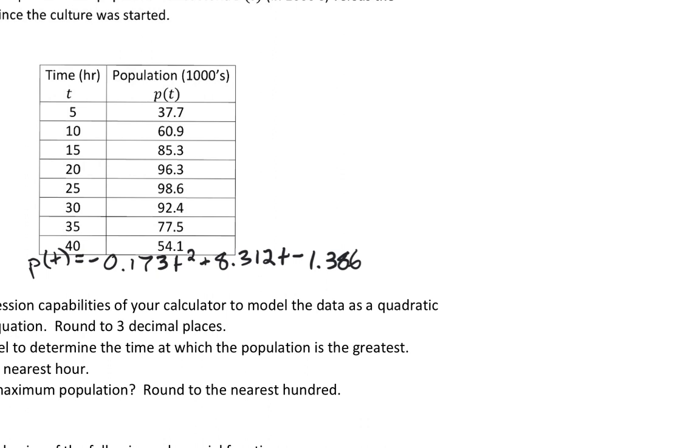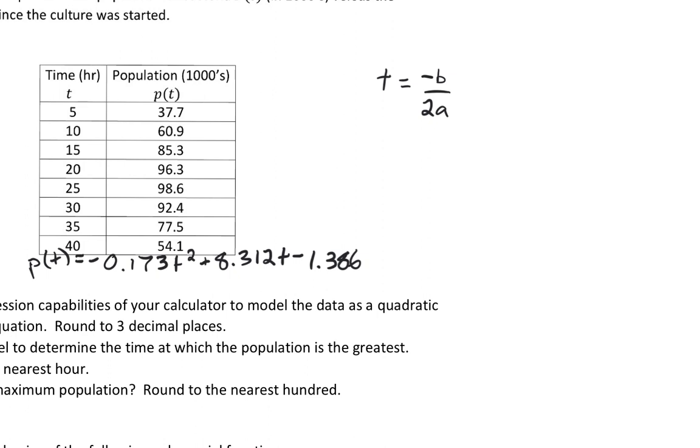And for part B, we're supposed to use that model that we just found to determine the time at which the population is the greatest, and we will round to the nearest hour. So for this, we're just going to say that t equals negative b over 2a. This is the equation we'll use to find our x value, or our t value, when the population is maximized or the greatest.